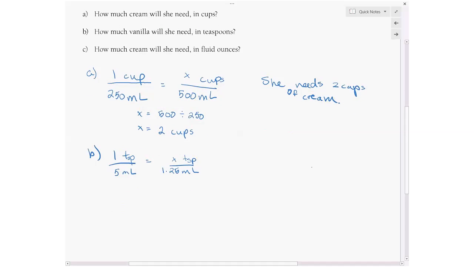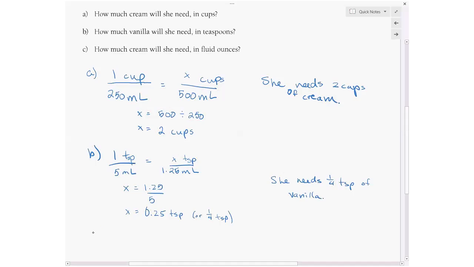So we've got X is equal to 1.25 times 1 divided by 5. And that is going to give us 1/4 of a teaspoon, or 0.25 teaspoons. So she needs 1/4 teaspoon of vanilla.